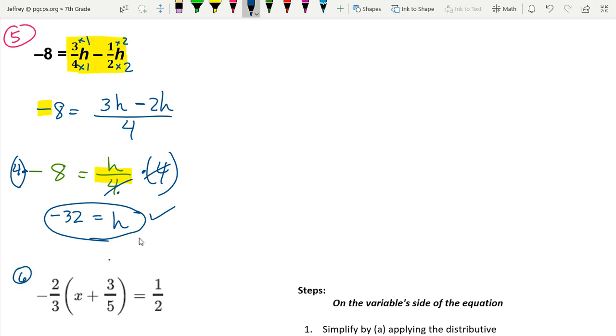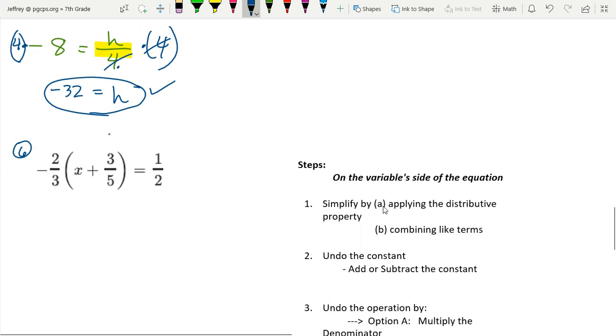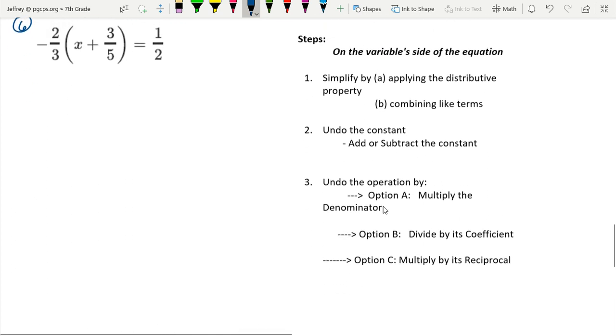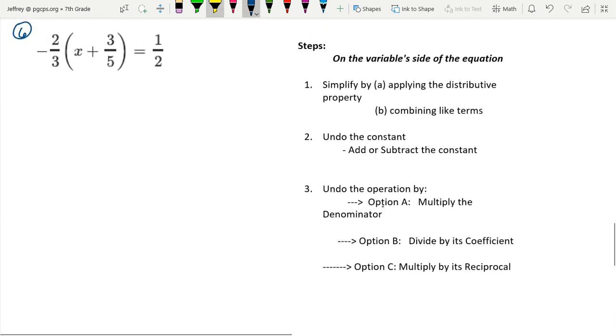Now let's try to do number 6. In here, we need to do our step 1, which is to simplify by applying the distributive property. So we see a variable, we see a factor outside the parentheses, right?